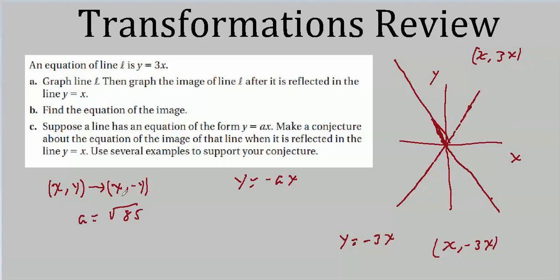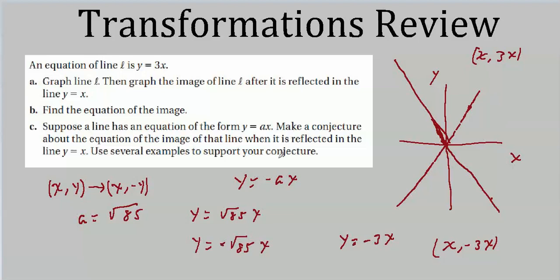Then we have one case, y equals the square root of 85 times x, and the reflection is y equals negative square root of 85 times x. I don't know why they wanted 2 examples or 3 examples. I mean, a is any number. Make up any number, put it in front of x, and then write down the negative of that number, put that in front of x, and you've got the 2 equations.